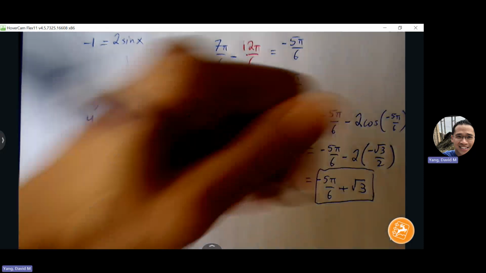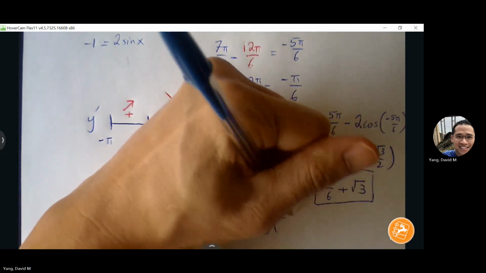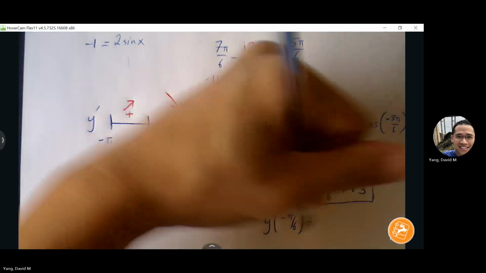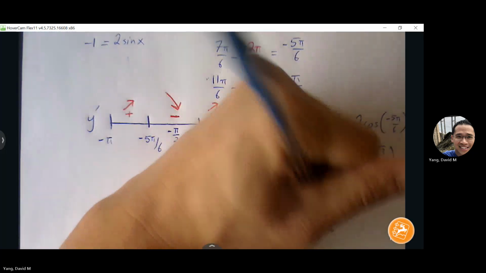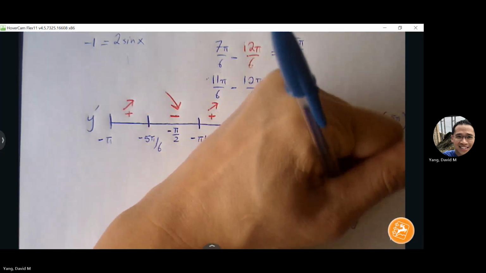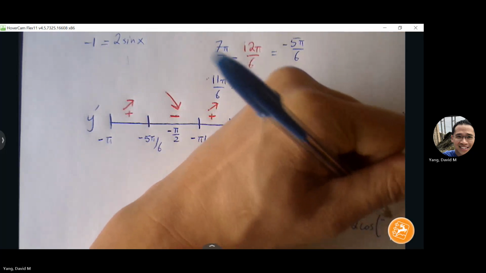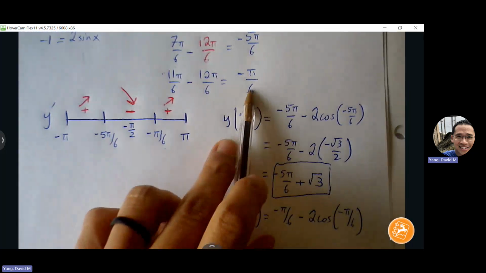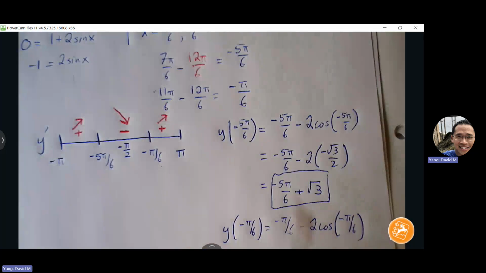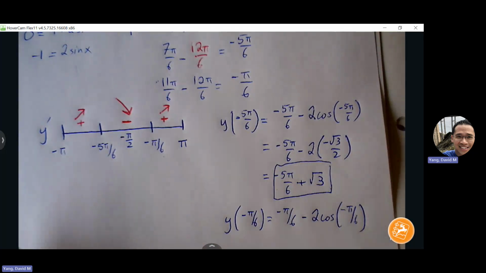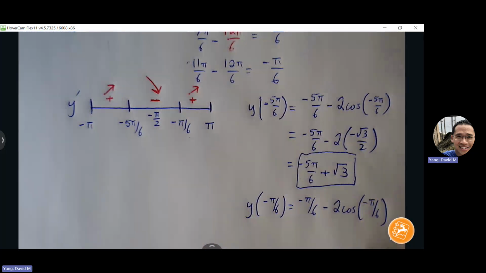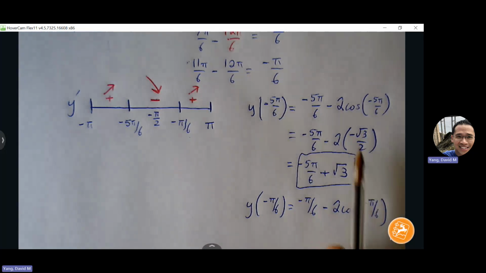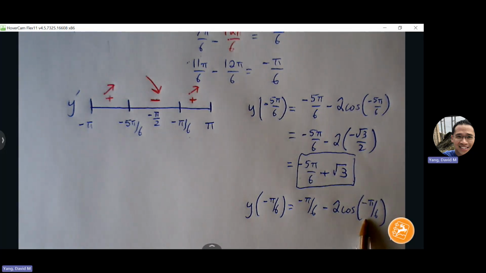Into the original, yeah. Okay. If you have trouble remembering what negative pi over 6 is, look at where it came from. It's coming from 11 pi over 6. So cosine of 11 pi over 6 is going to be the same here. Actually, cosine is going to be positive, right?